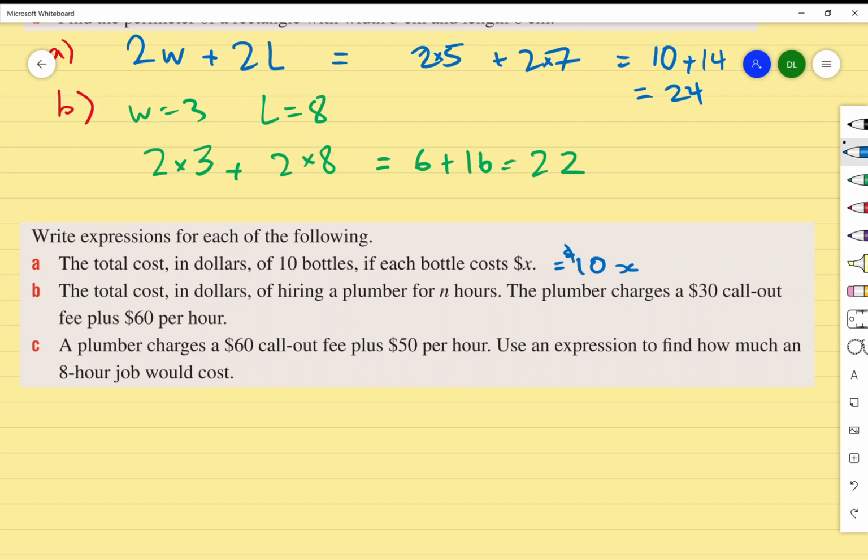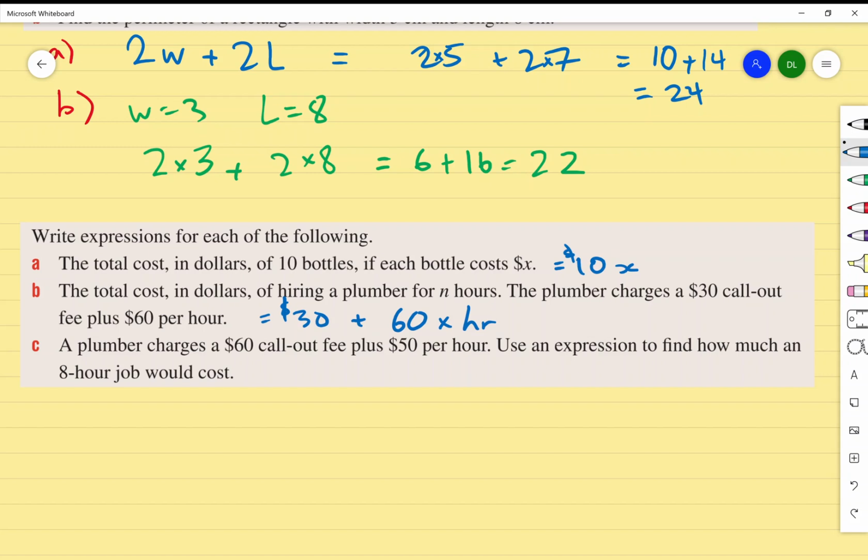It could be 0 hours, it could be 100 hours, whatever it is, the $30 doesn't change. So I write equals $30. But we still have the $60 per hour. So I write plus 60 times the hour, right? Because it's per hour. For every hour, it's $60.